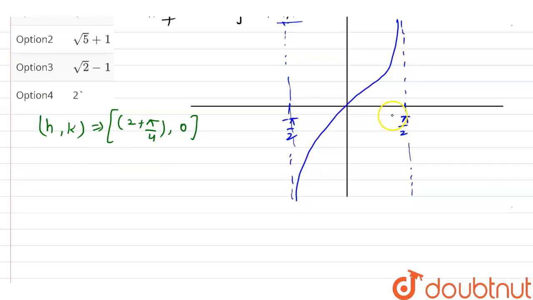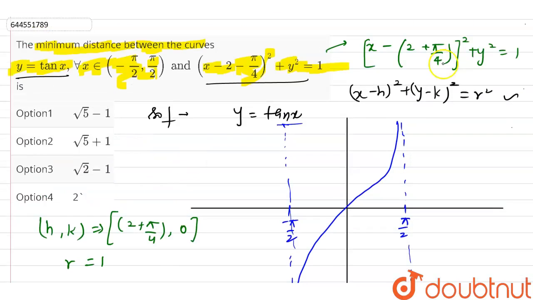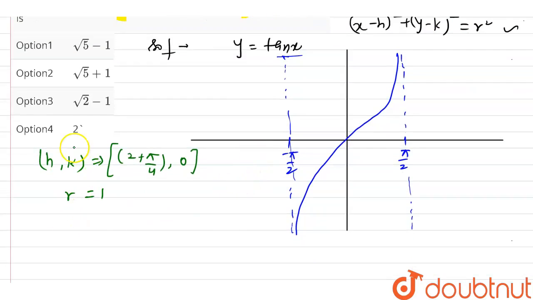And r square is 1 square, that's why my r is 1. Now I'm going to make the graph of this. 2 plus pi by 4, with pi as 3.14 over 4, is 2 point something comma 0, so it is something over here, I suppose.